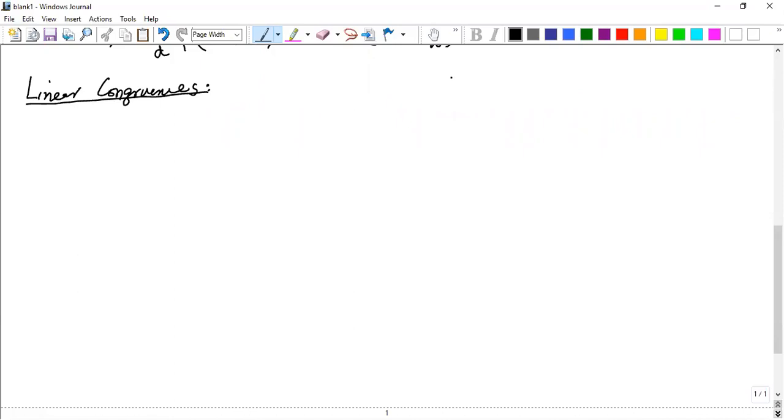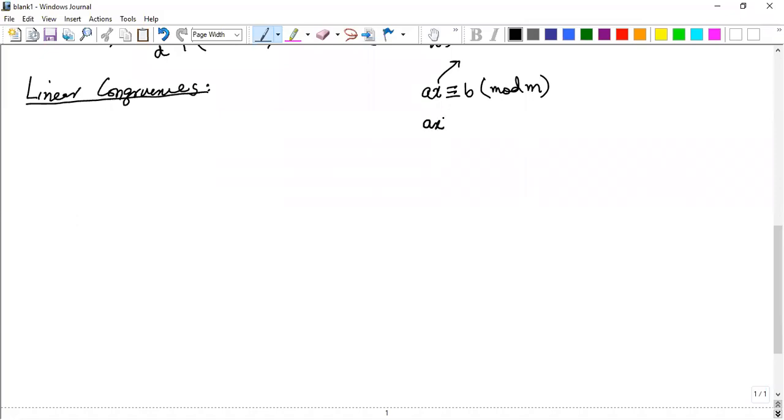For example, we can write AX congruent to B modulo M. This is a congruence, and this one is called a linear congruence. We can solve this equation and find the roots of x or the values of x.